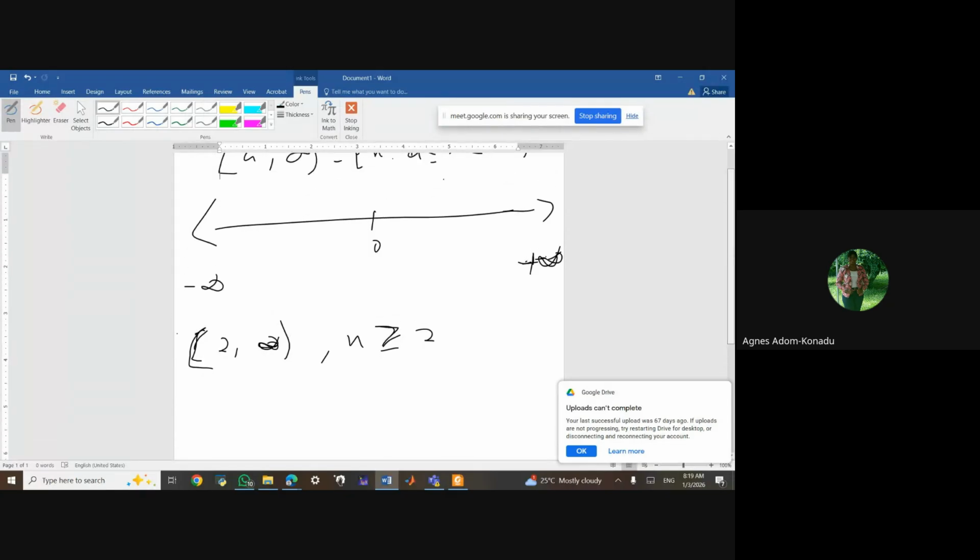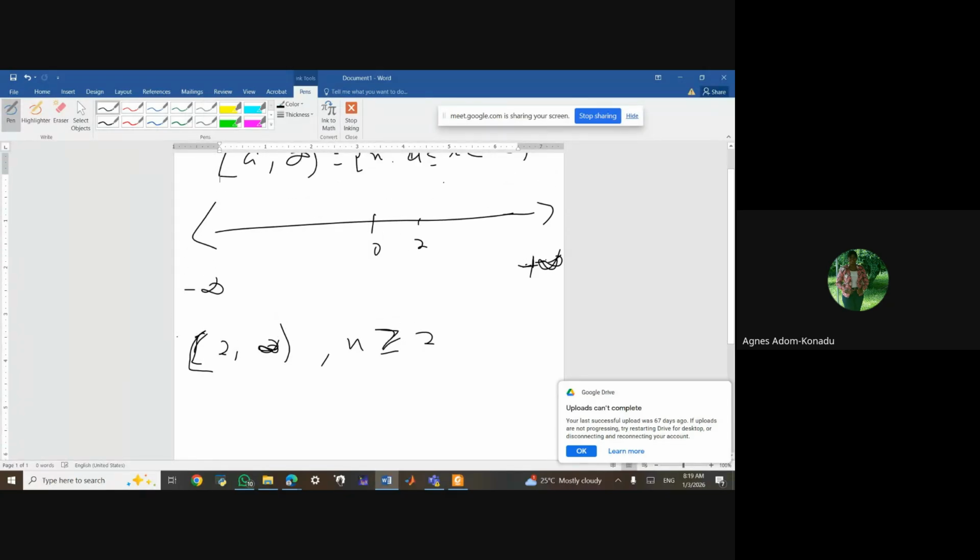On the number line, if I have my 2 here, you draw it with an arrow, and because it is greater than or equal to, we are told that we have to shade. Do you remember this? Yes, madam.